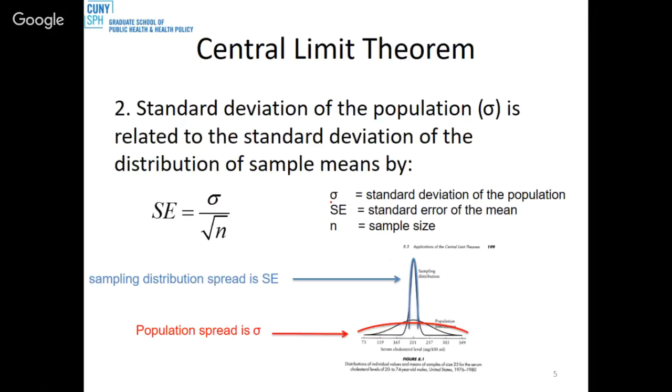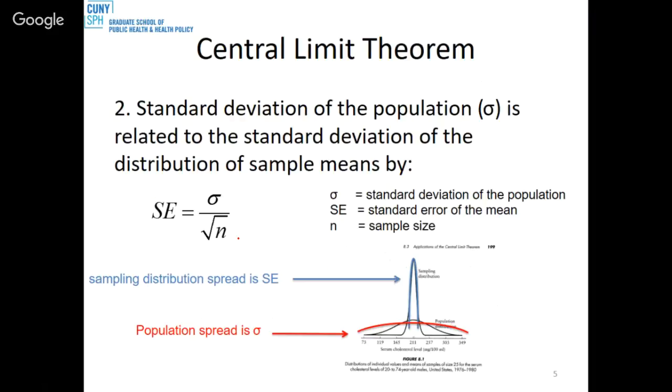The second part is that the standard deviation of the population is related to the standard deviation of the sampling distribution by this simple rule: the standard error, which is the standard deviation of the sampling distribution, is equal to the standard deviation of the population divided by the square root of the sample size.